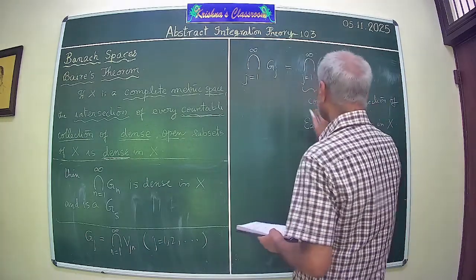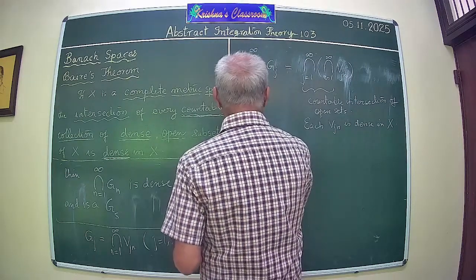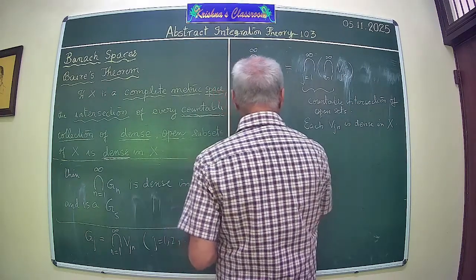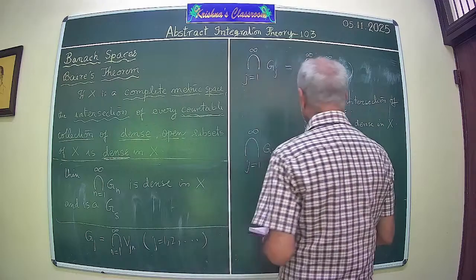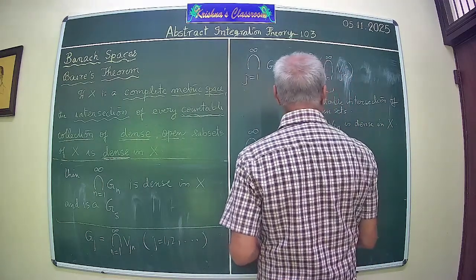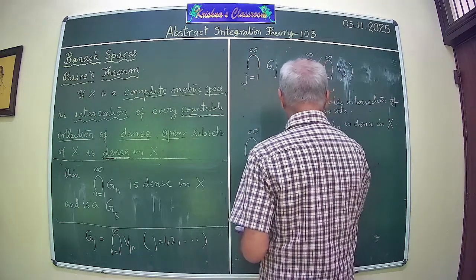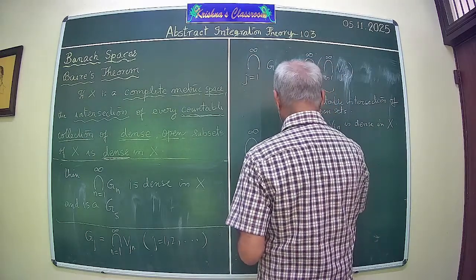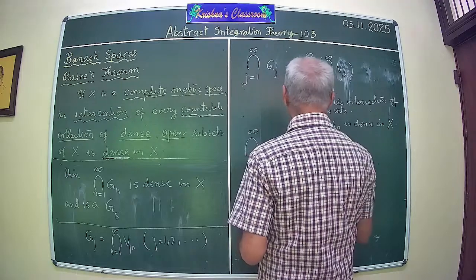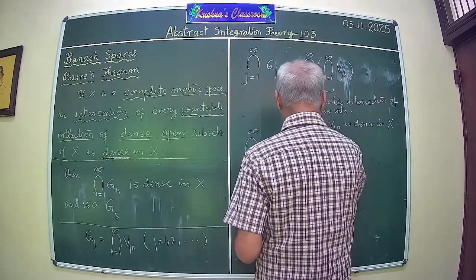Therefore, you see that the intersection j equal to 1 to infinity of Gj is a countable intersection. So you can write this Vjn, the intersection of j equal to 1 to infinity.